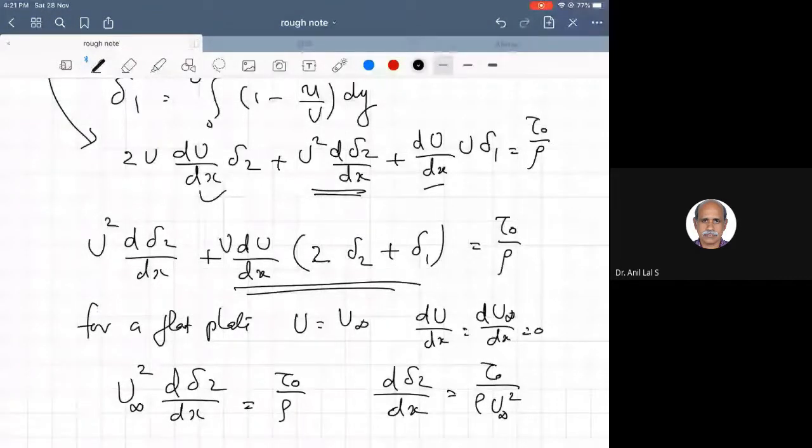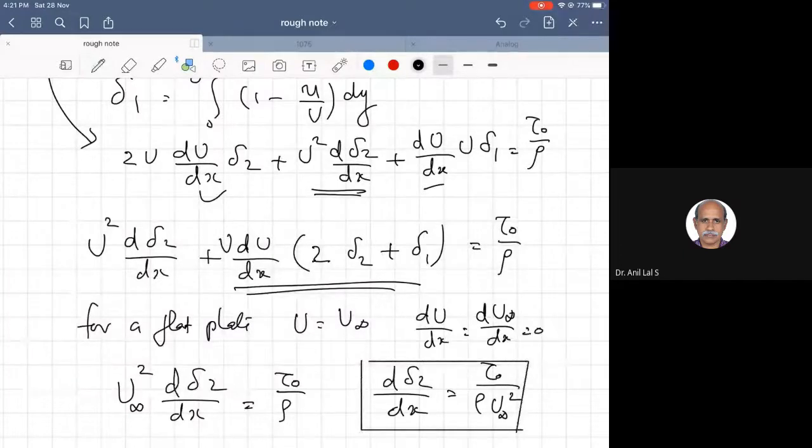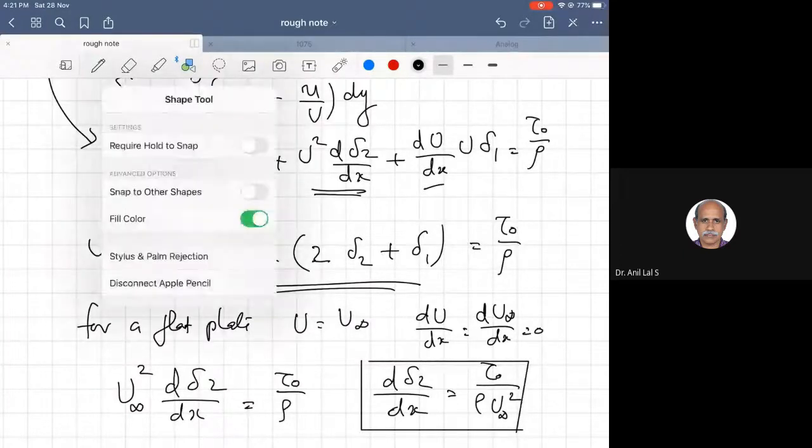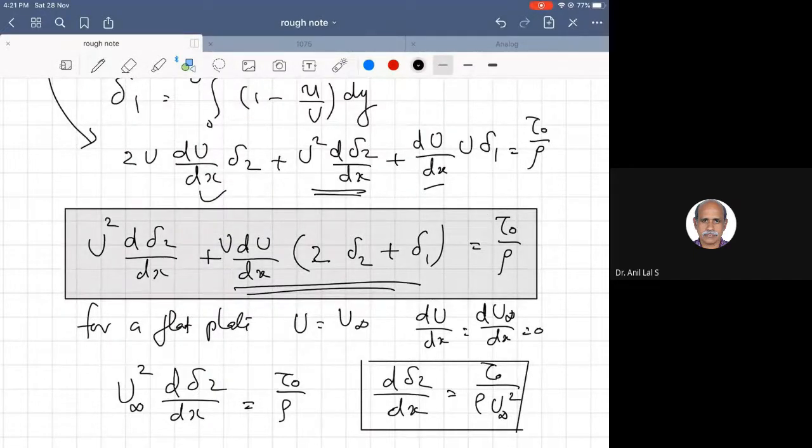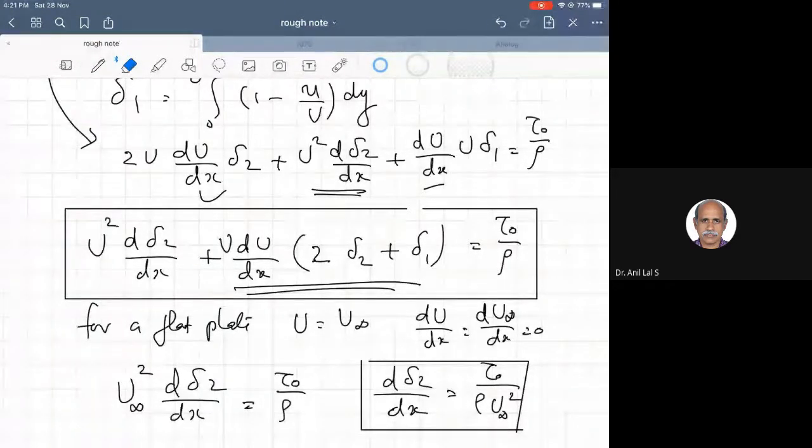So this is for a flat plate, where this simplified momentum integral equation is applicable. This is somewhat more general, for modular flows with the pressure gradient. So we will stop this particular lecture.